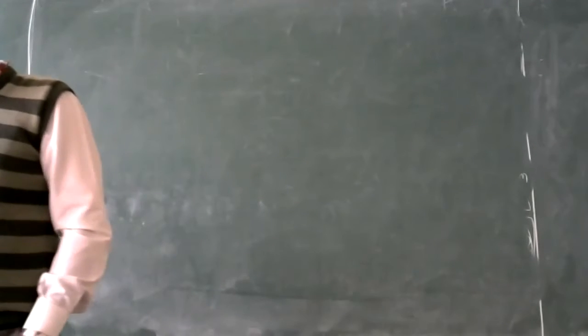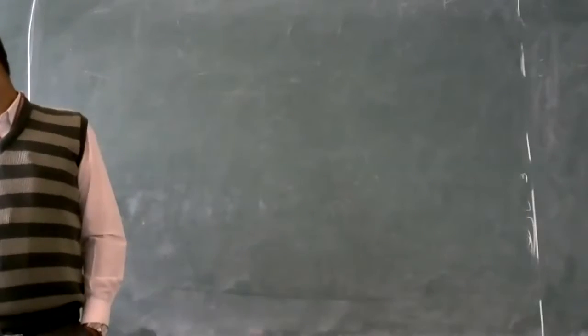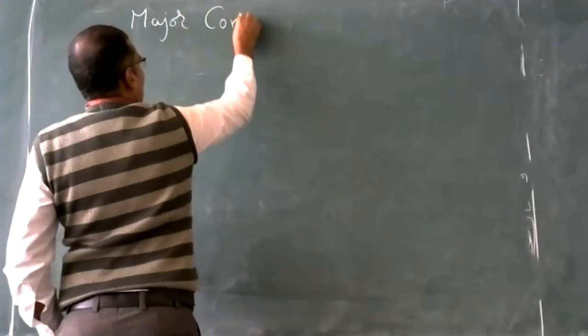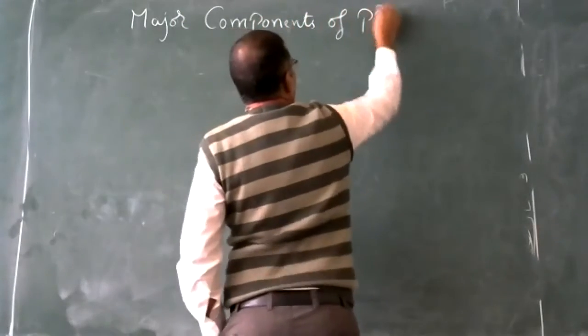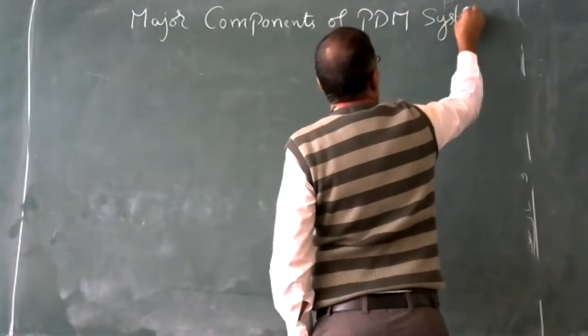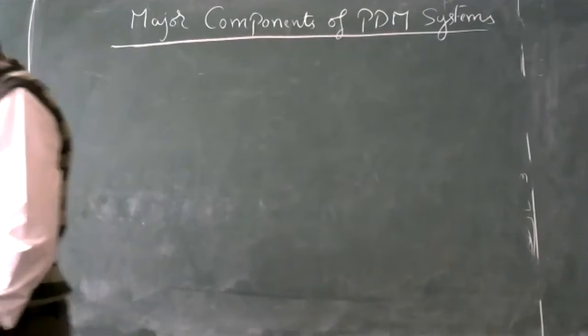Okay, we'll continue with what we were discussing in the classroom. See, we try to understand about the PDM system with various examples. Now, we will go through the various components of our PDM system one by one. There are mainly 6 components.